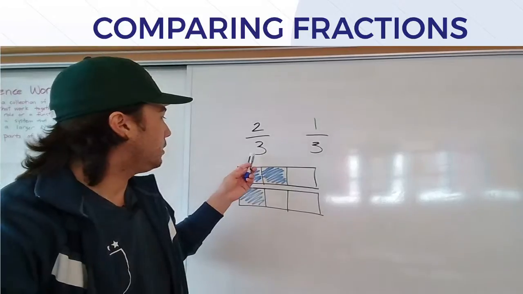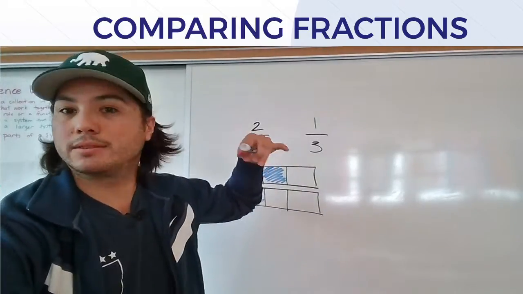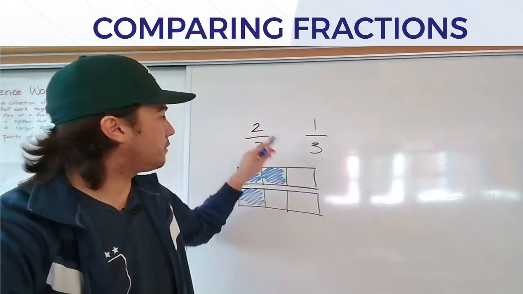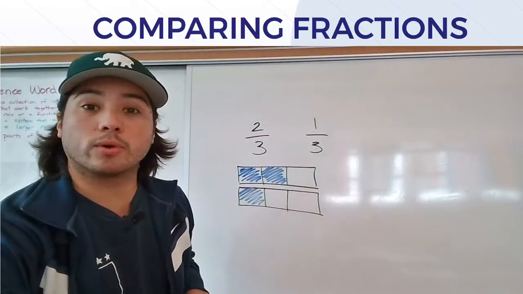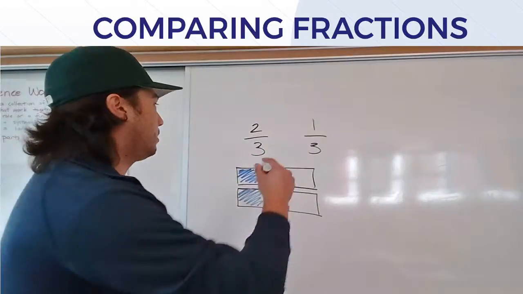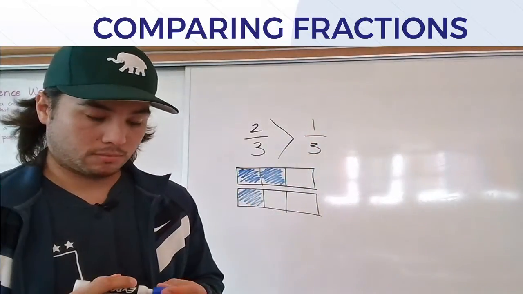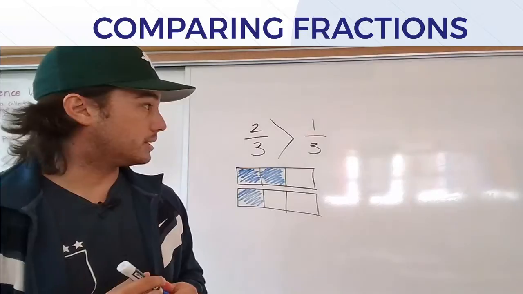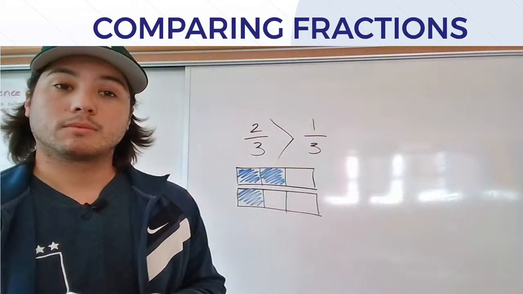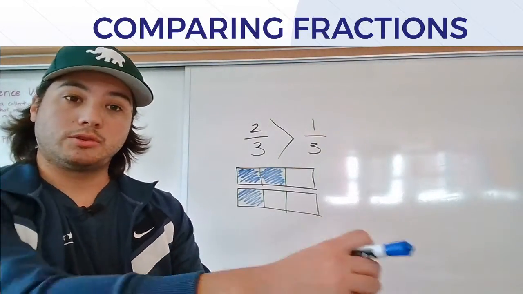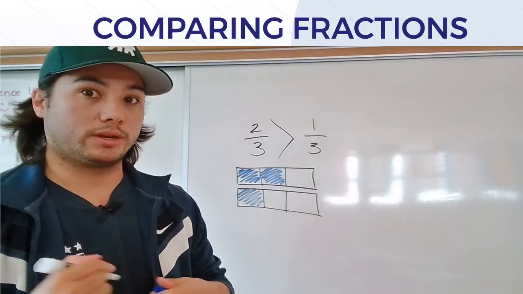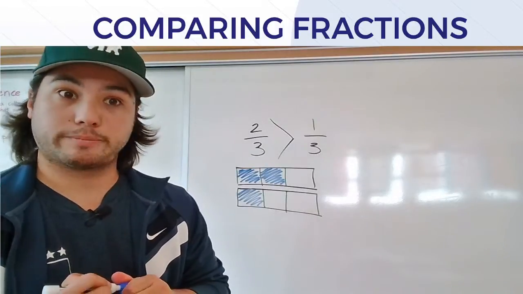Whether it's 3rds, 4ths, 5ths, 10ths, 100ths, right? Whichever fraction has a greater numerator is going to be the greater fraction, okay? So denominator is the same. Whichever has the greater numerator is going to be the greater fraction.